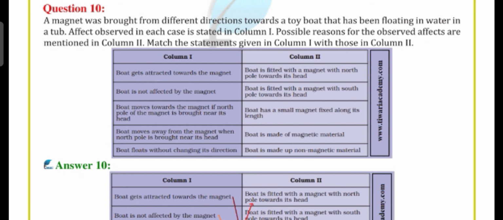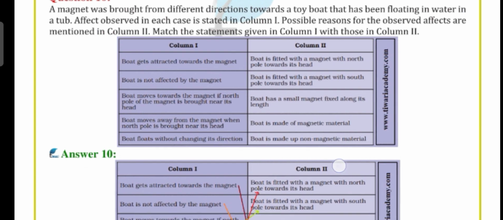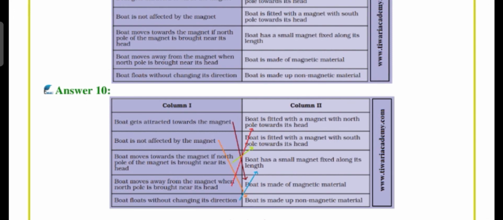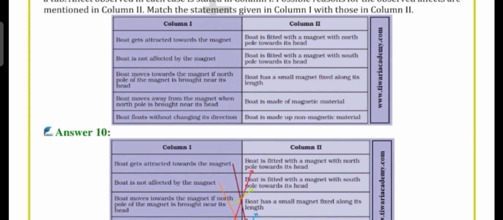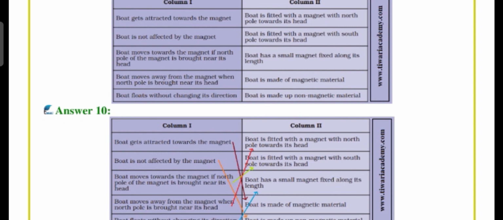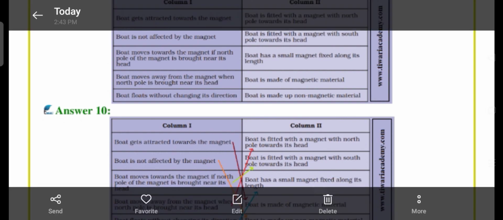Okay, the last one: boat floats without changing its direction. The boat is floating in the water without changing direction, in a straight line. What does it mean? That means the boat has a small magnet fixed along its length.